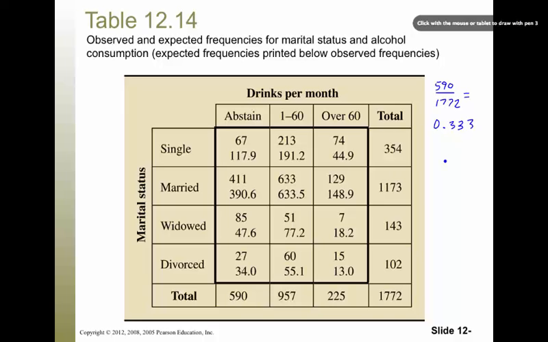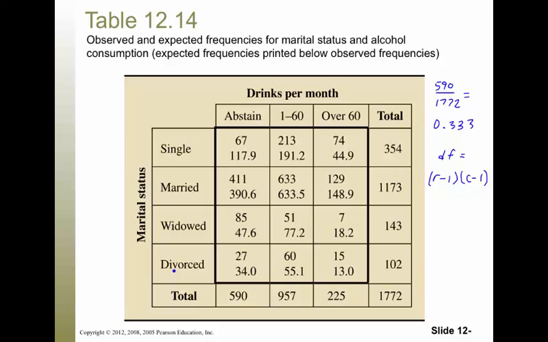Okay, so then the degrees of freedom. You're going to take the number of outcomes of one variable, say rows, minus 1, times the number of outcomes in the other variable, minus 1, and multiply.